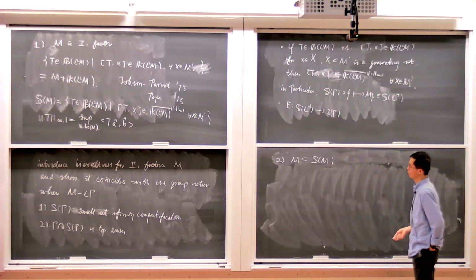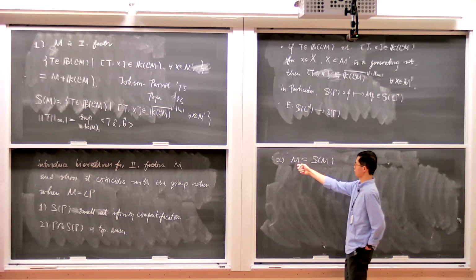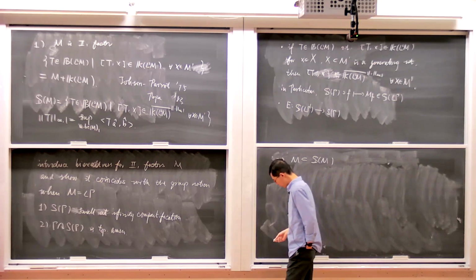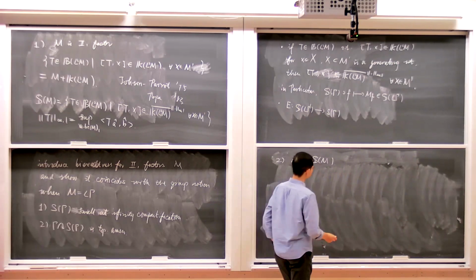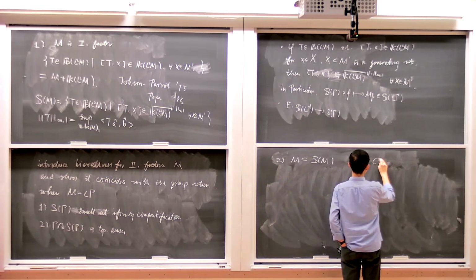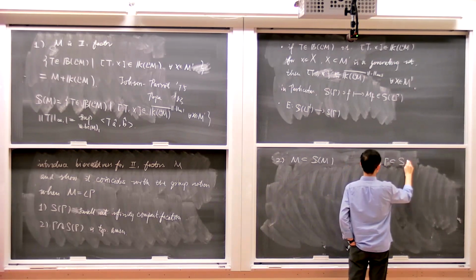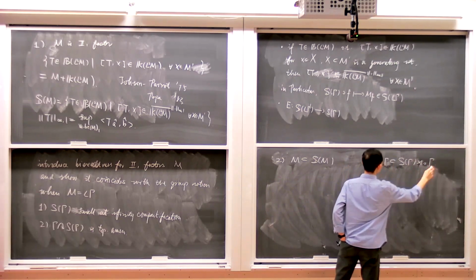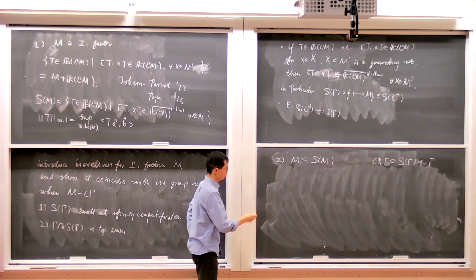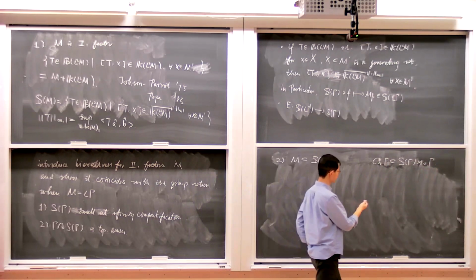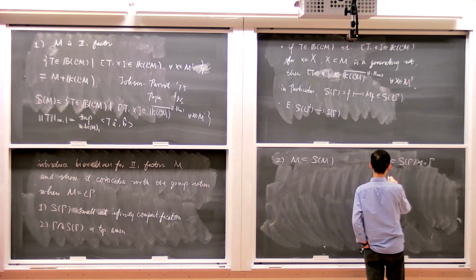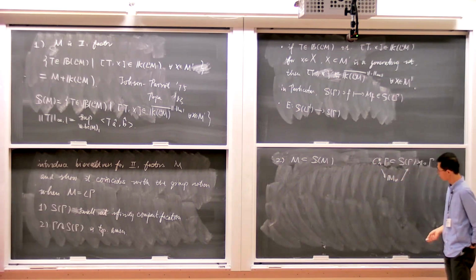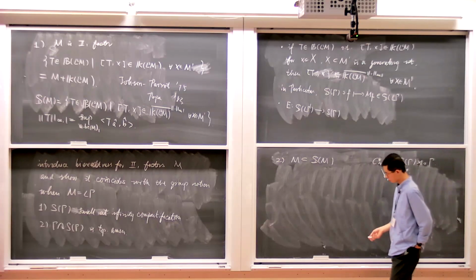But this will still be an operator system, so we can look at the inclusion of M into this operator system that contains M. In the group case, we're looking at the inclusion of C-star of gamma into the cross product. And we know that biexactness is characterized by the factorization of this map through matrix algebras.